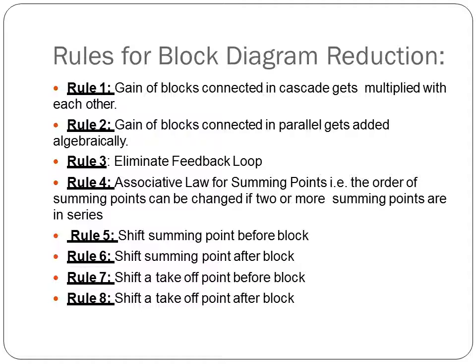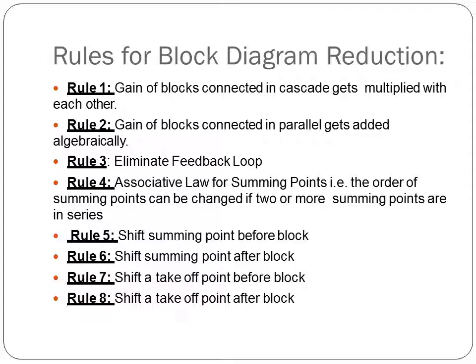Rule 4, associative law for summing points, that is the order of summing points can be changed if two or more summing points are in series. The fifth rule is about shifting of summing point before the block. When we shift the summing point before the block, we have to add gain to it, so that is 1 upon G. Next is shifting the summing point after the block.